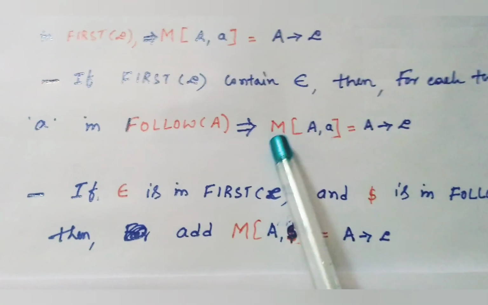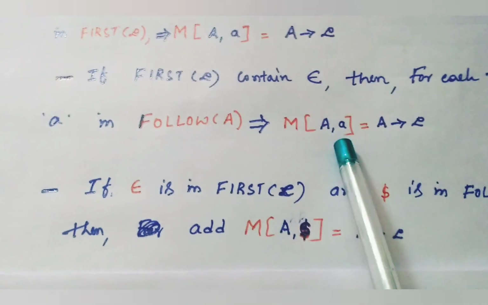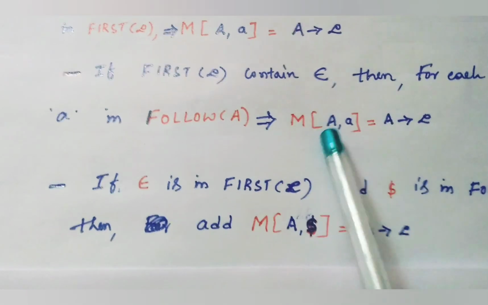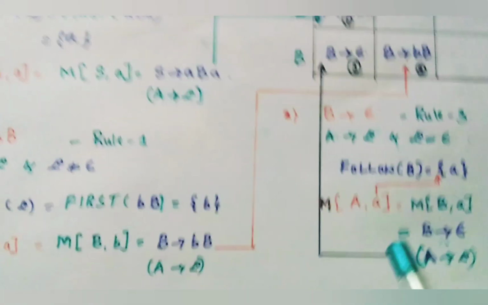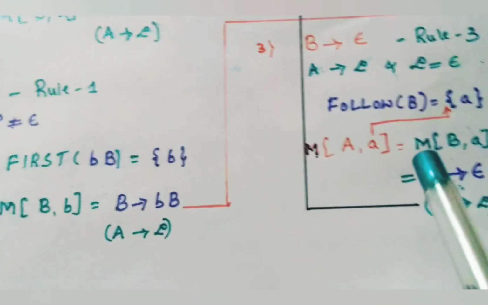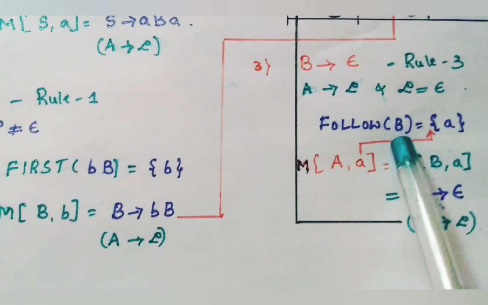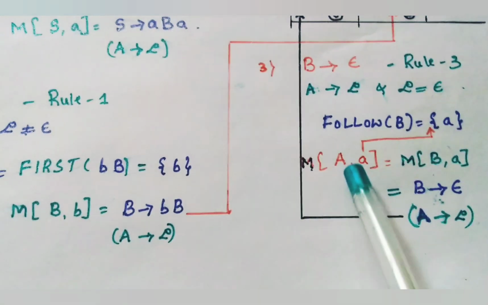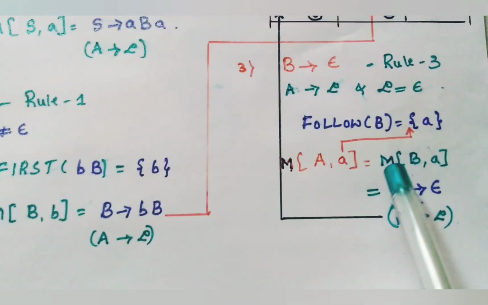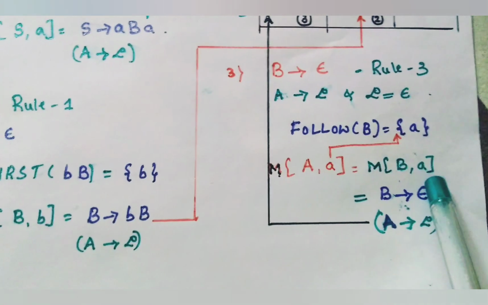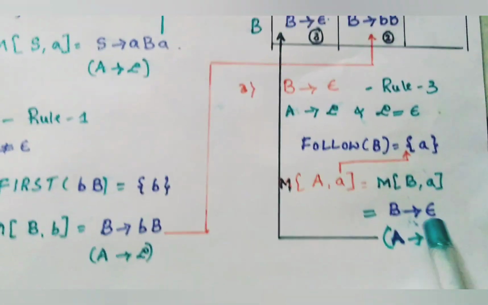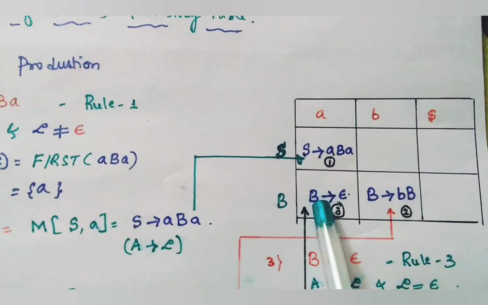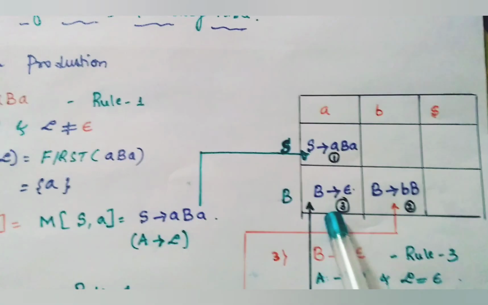Please make a note that in this case my small a comes from follow of A, not from first of A. Using this rule, we found that my follow of B is nothing but A. We already identified that. So I have to make an entry M of B comma a is equal to B tends to epsilon. Then I make an entry B on A as B tends to epsilon.